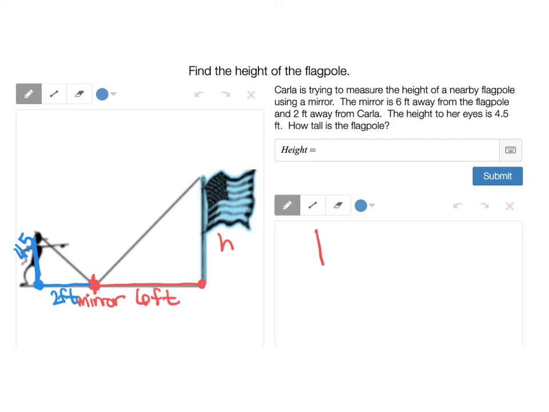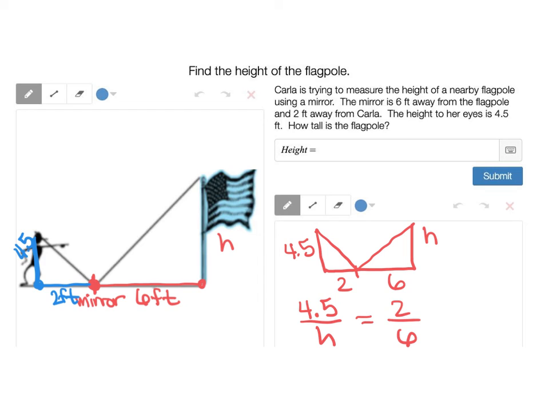To simplify this one, we have 4.5, 2, H, 6. And we kind of have these two triangles. You have a few options. I could do height is 4.5, compares to height, which is H, shadow to shadow.